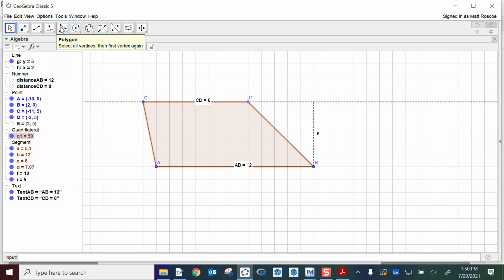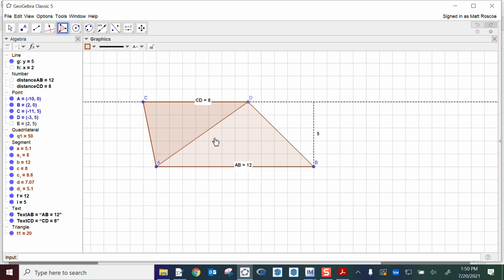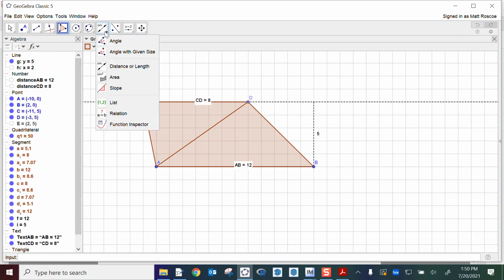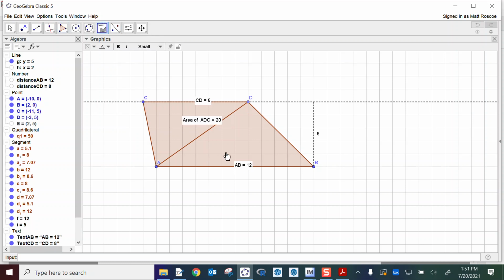But what we kind of want to do is show them the area of two triangles that also comprise parts and pieces of it. So let's go ahead and measure area. There it is, area. There they are. Okay, getting close here.